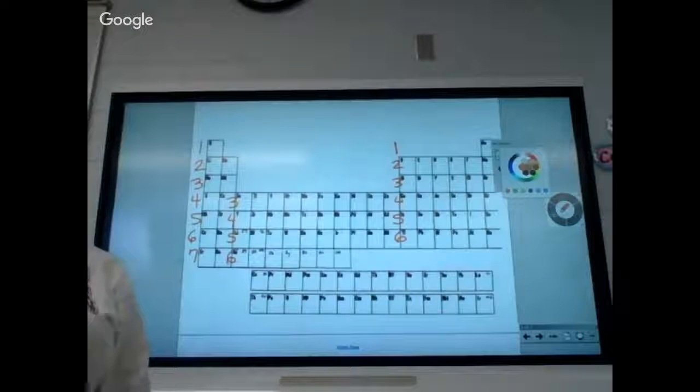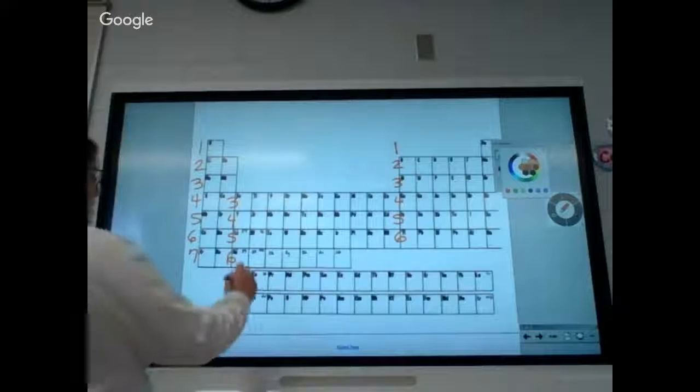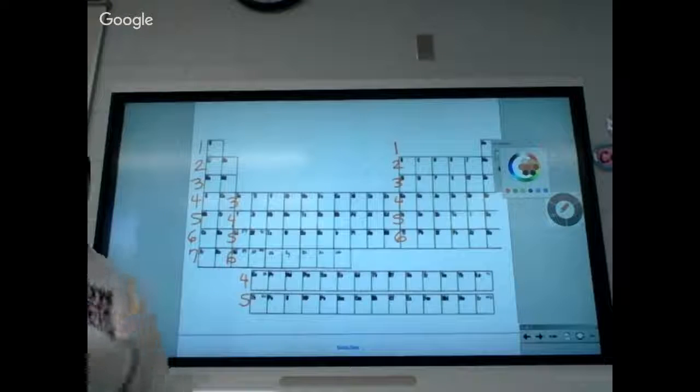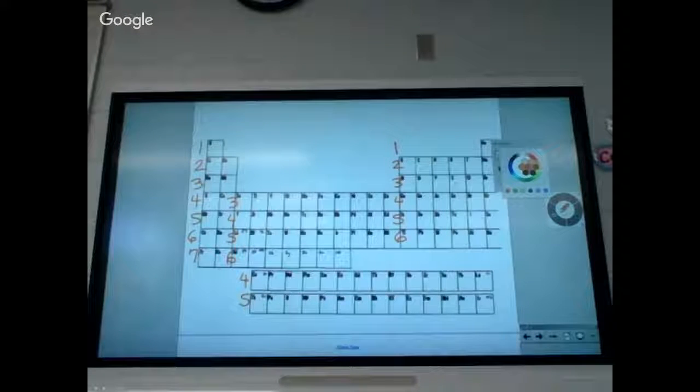Okay, 2, 3, 4, 5, and 6. And then the F has a 4 and a 5. All right, does everybody have those numbers in? So the one up there is like for the helium, yes.